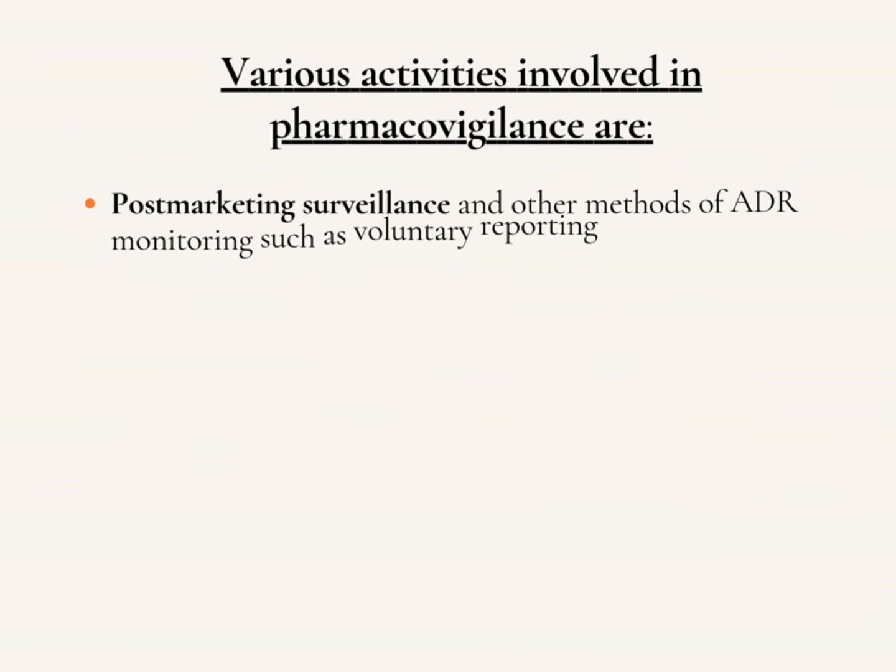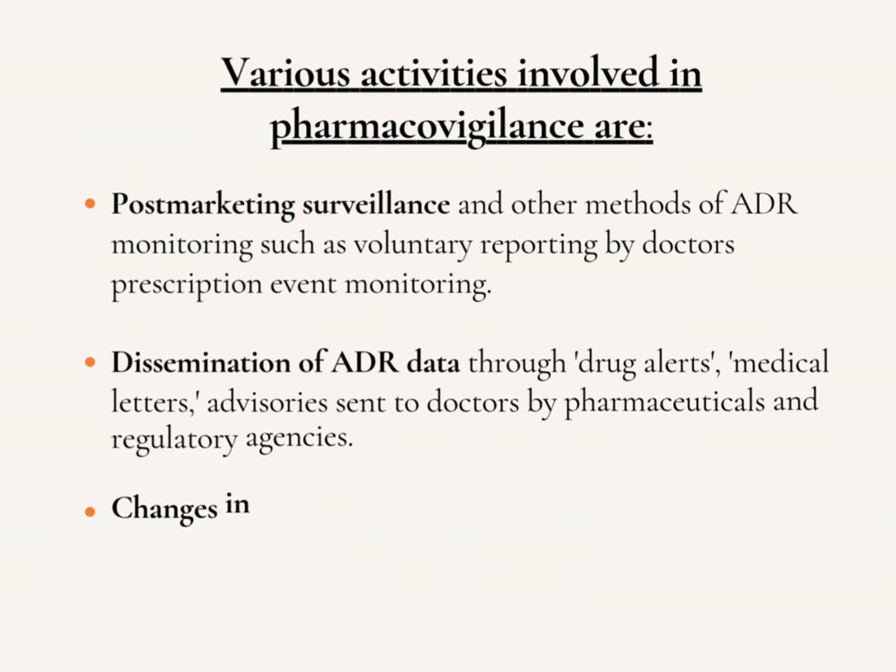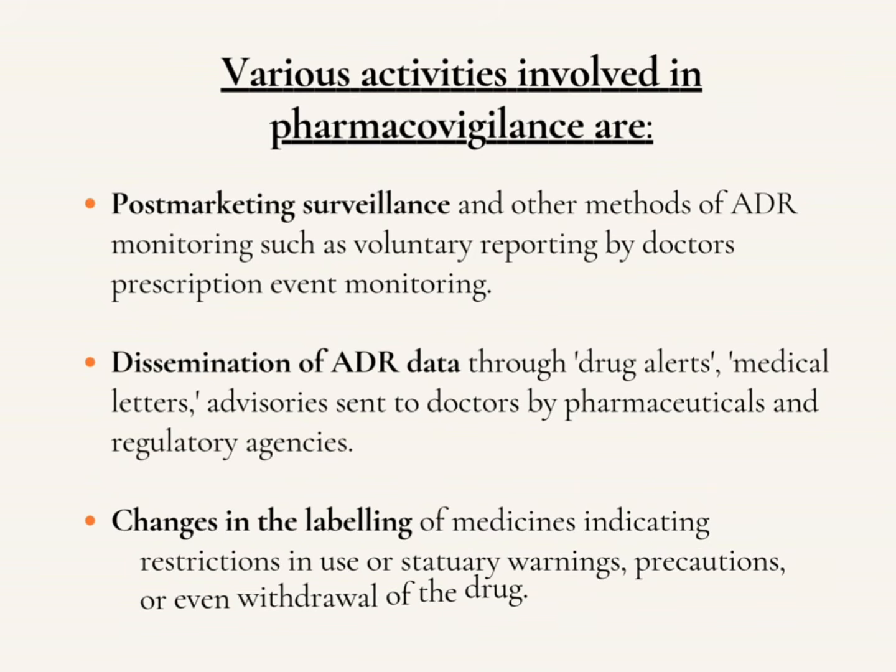Now, let us see the important activities involved in pharmacovigilance. The first activity is post-marketing surveillance, where medicines are continuously monitored after they are introduced into the market. Healthcare professionals voluntarily report suspected ADRs. Other methods include prescription event monitoring and hospital-based ADR monitoring programs.